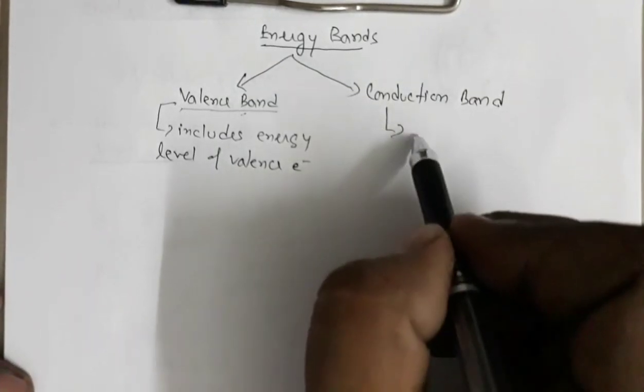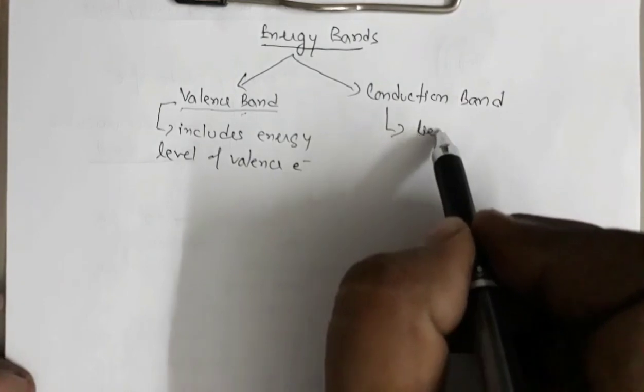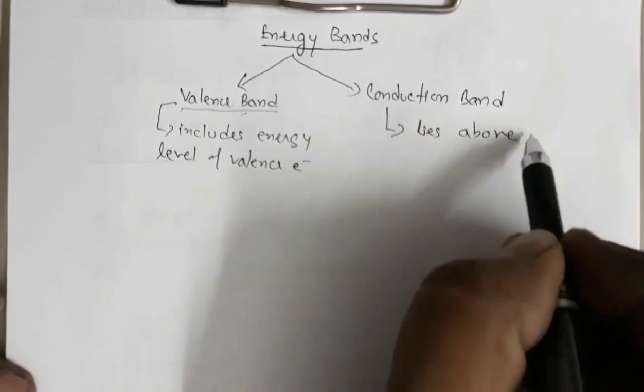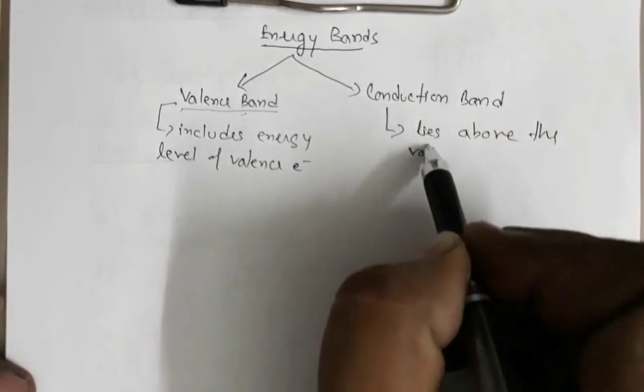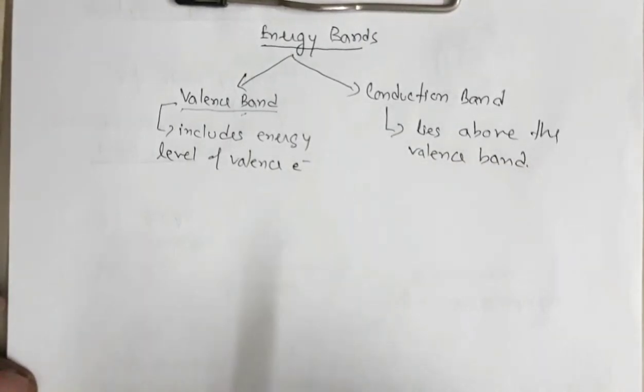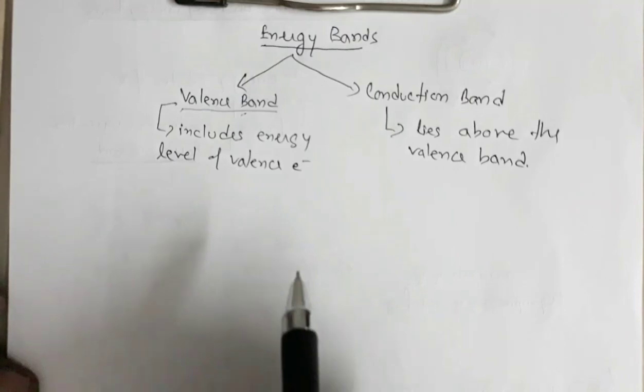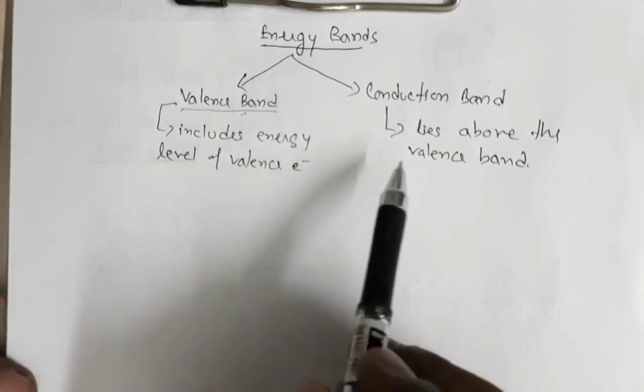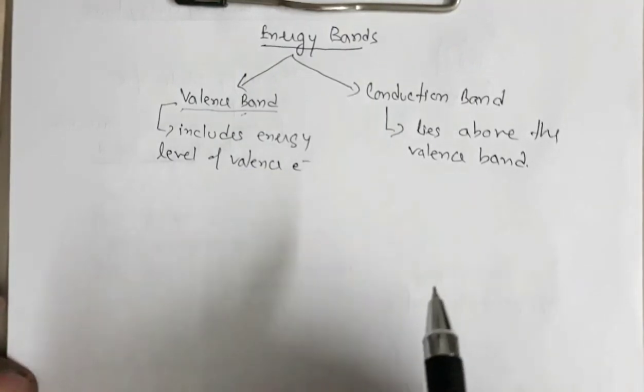So the conduction band lies above the valence band, and the gap between the valence band and the conduction band is called the energy band gap.